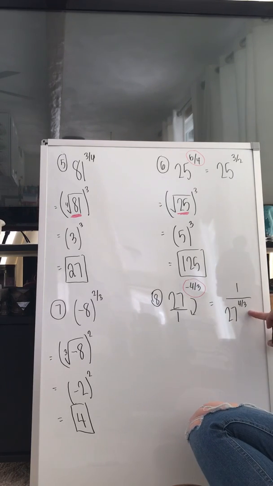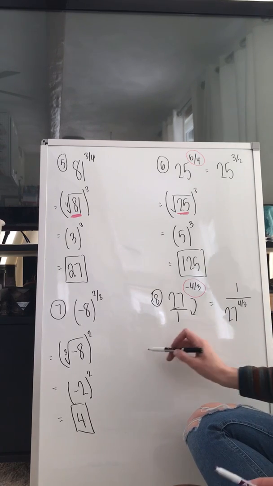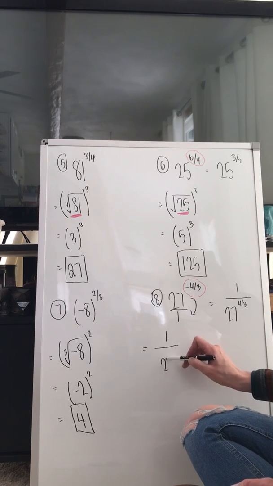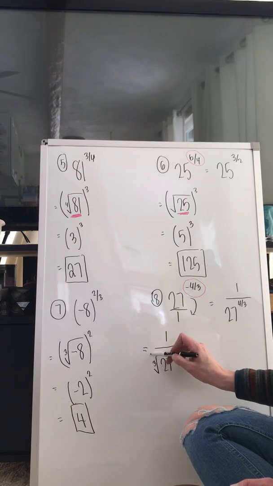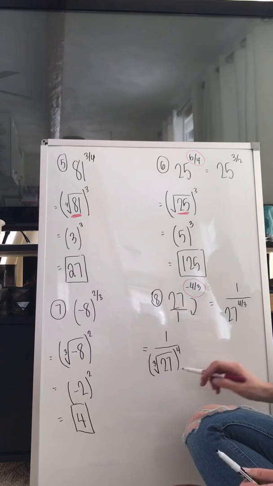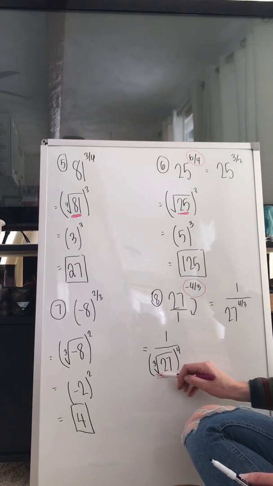And then this ends up being pretty much like example 1 on the top when we talked about rewriting this in radical form. The only difference is that my radicand is just a number. So I'm going to do my work over here. So it's going to be 1 is still in the numerator. My radicand is 27. I'm going to open up my root here. My index is 3, and I'm going to raise it to the 4th power. So then it's asking me to do this on the inside here first.